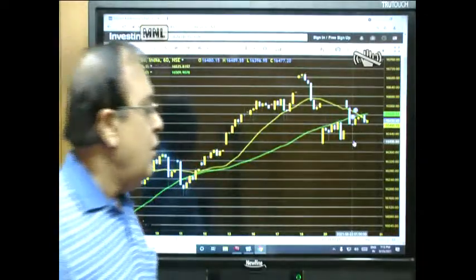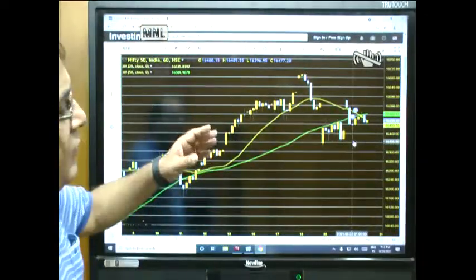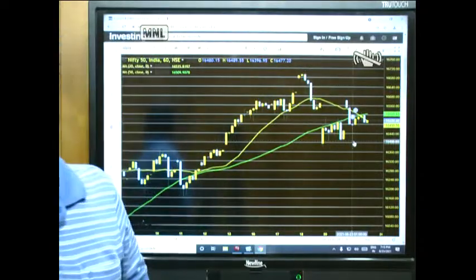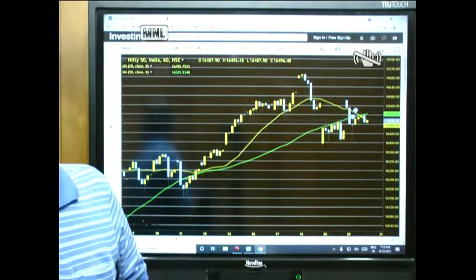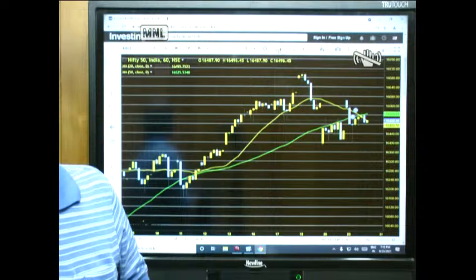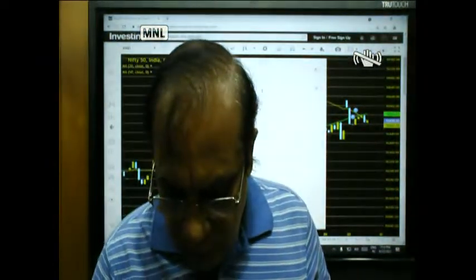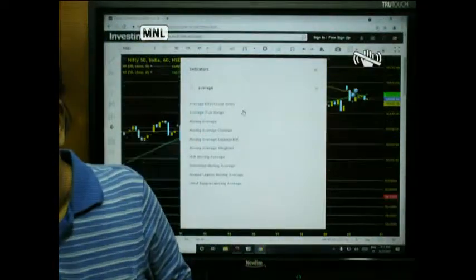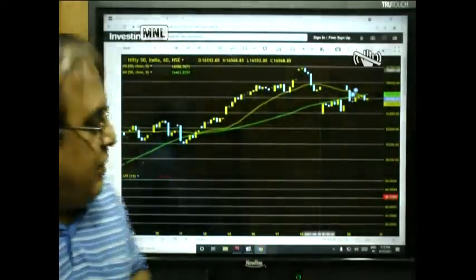But what happened is that this is a very high range, because normally if you look at the ATR, the average true range for the market, we should trade only when the stop loss is acceptable.